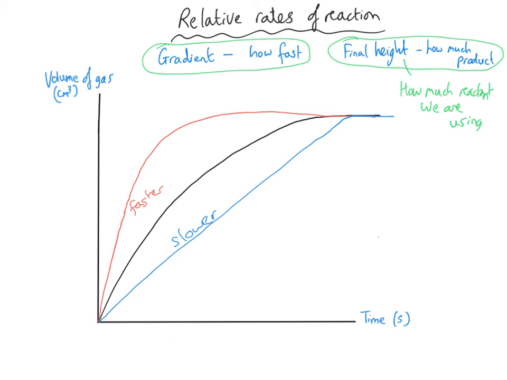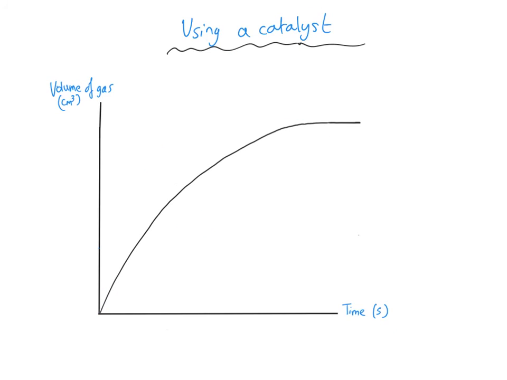And you need to be able to add extra lines to graphs that you've already been given in an exam. So let's imagine that's what the question was. We've been presented with this graph and we've been asked to add a line to indicate what the reaction would look like if we used a catalyst, but everything else was kept the same.